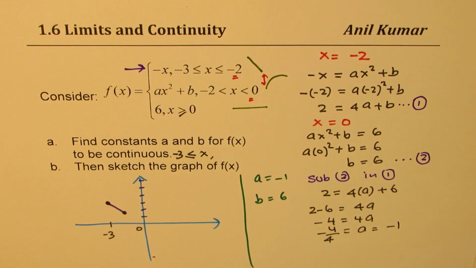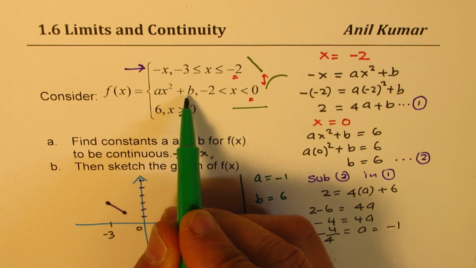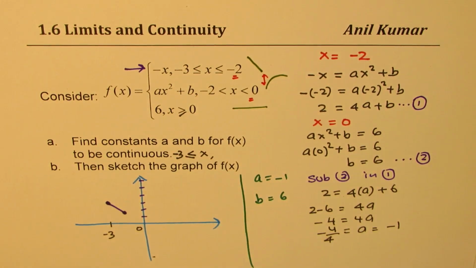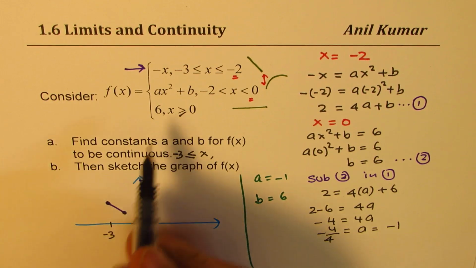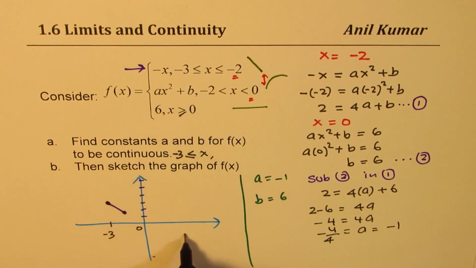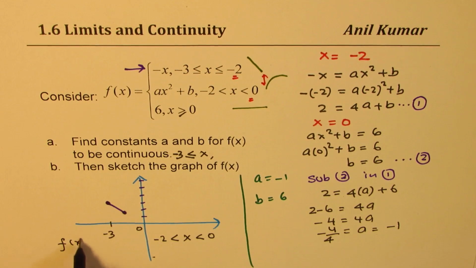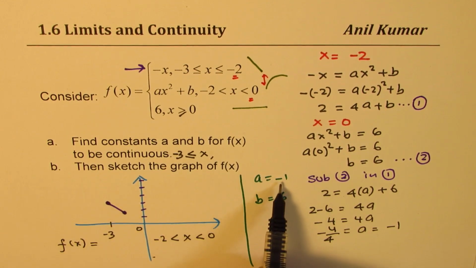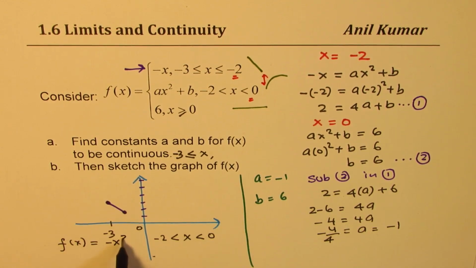The other part is the parabola. Now we know ax squared plus b, the value of a is known to us. So we could actually write the function as the parabola part, so let me write here. When x is between minus 2 and 0, at that time f of x is equal to, the value of a is minus 1, so minus x squared, b is 6, plus 6.